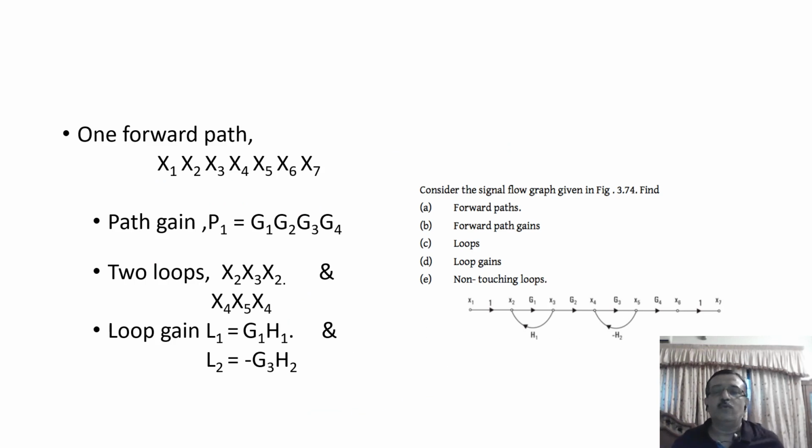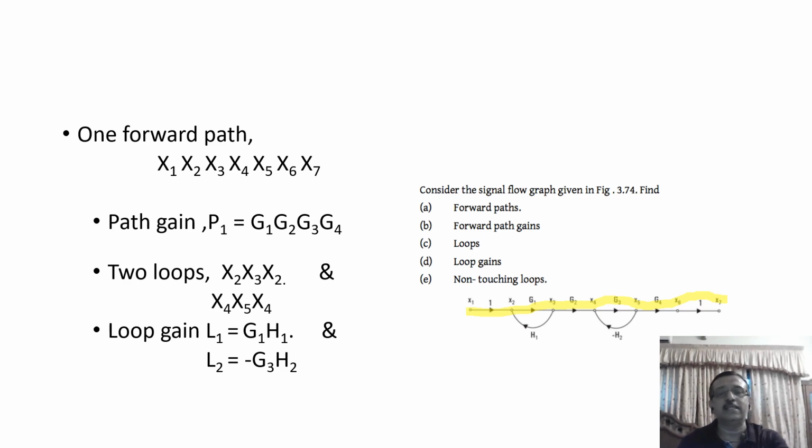So there is one forward path. So let me choose the forward path. It starts from x1, x2, x3, x4, x5, x6 and x7. The signal goes from x1 to x7 and there's only one forward path, and it is given here.